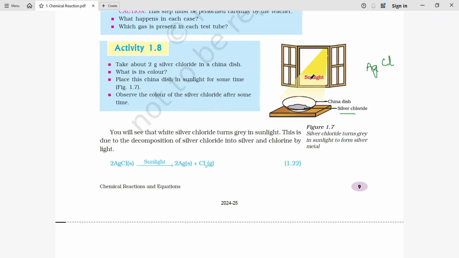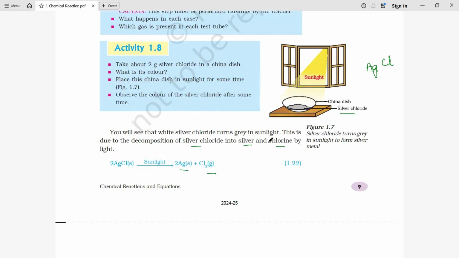Now sunlight will fall on it. So again sunlight we are giving, so it is an endothermic reaction, and the silver chloride is going to break into its components, silver and chlorine. So is it an example of decomposition? Yes. So silver chloride is going to be available in the form of silver and chlorine.